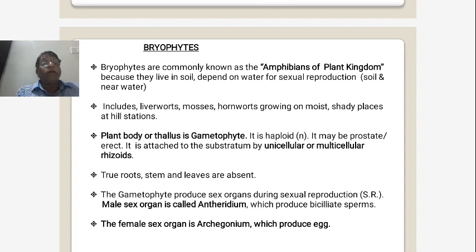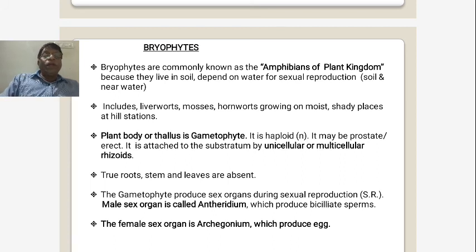Okay. What about the female sex organ? The female sex organ is called archegonium. Male sex organ, antheridium. Very important for the examination. Then the female sex organ is called archegonium.